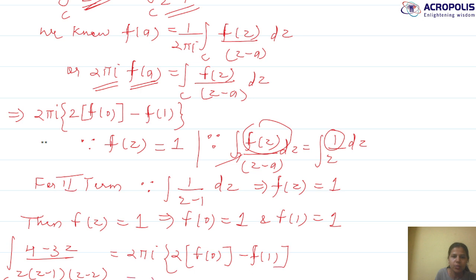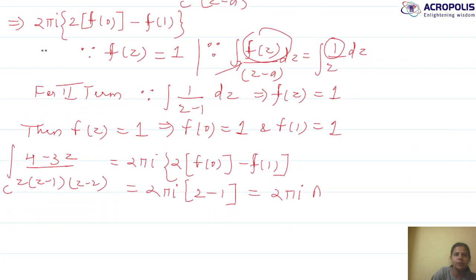Just put the values of f of 0 and f of 1, which is 2 pi iota times (2 minus 1). So 2 pi iota will be the answer.